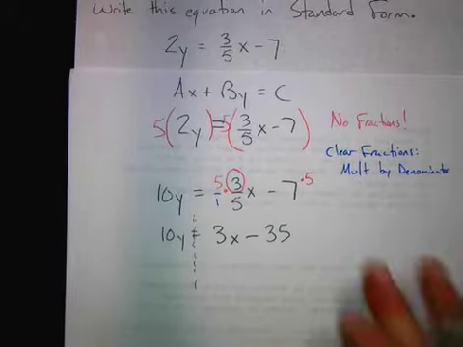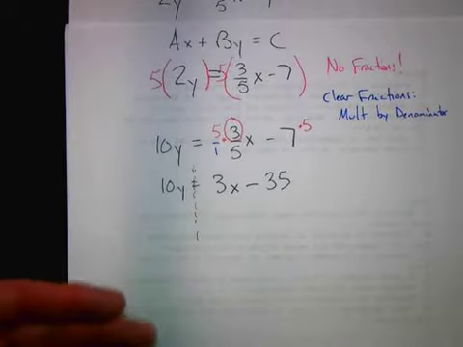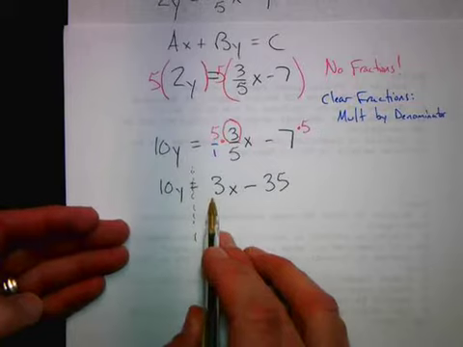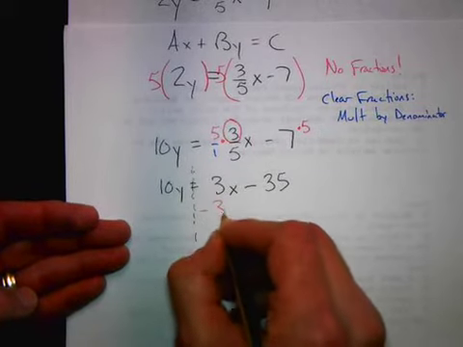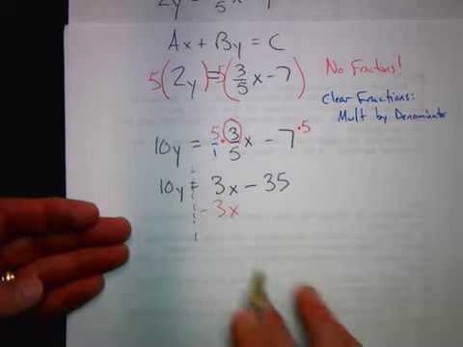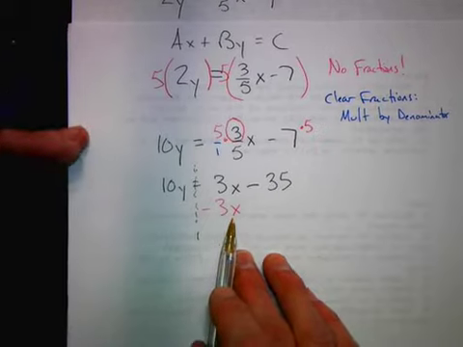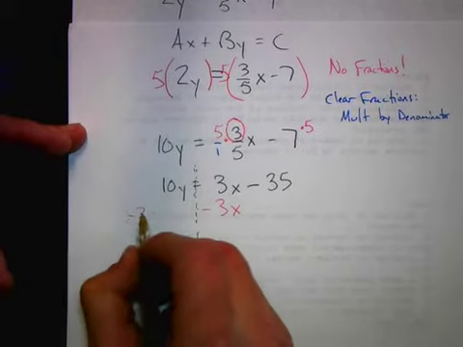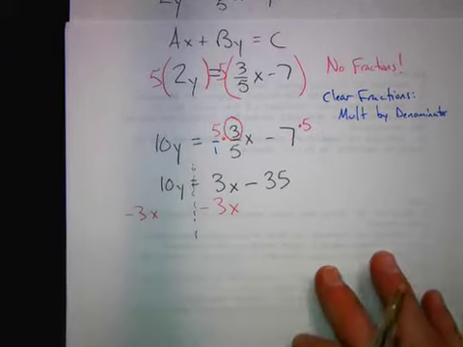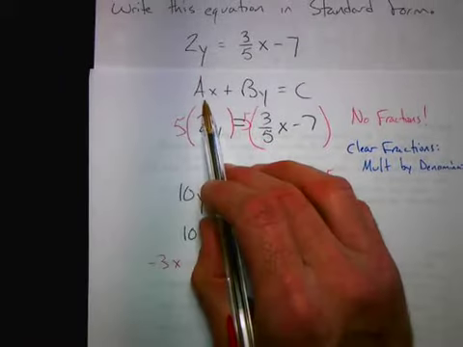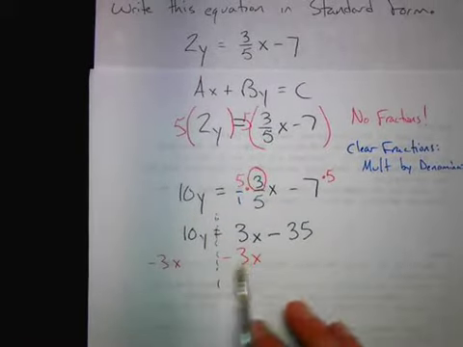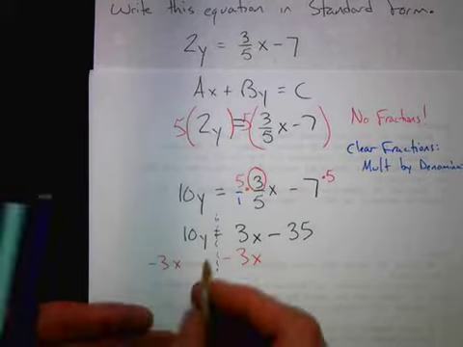And the way we do that, move things across the equal sign, is undoing them. So we're going to undo this 3x. And we undo it by taking it away. We can take away 3x here, and we'll take away 3x here, and then move it all the way out to the left so it can match standard form. Notice how I want to put the x way out in the front.